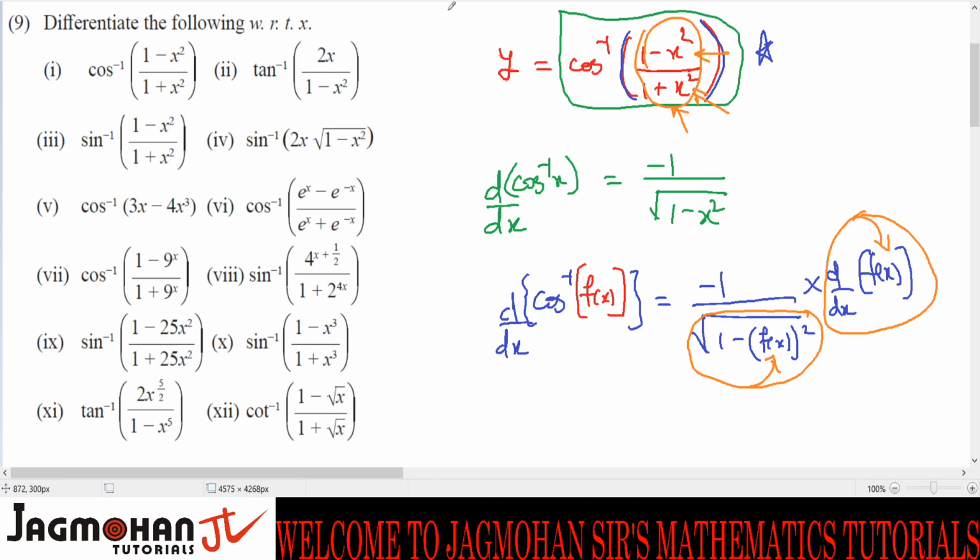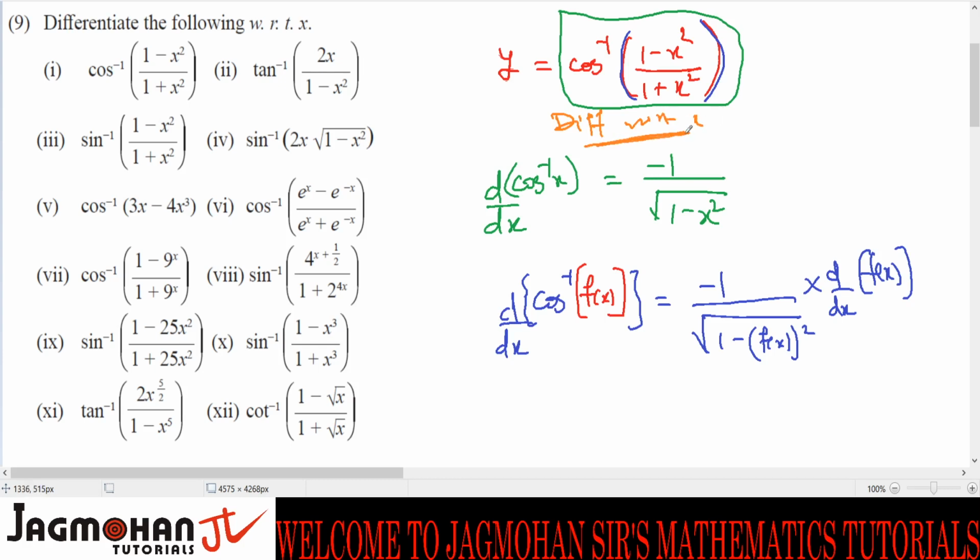So one thing is for sure, that when we have to differentiate cos inverse of (1 minus x square) upon (1 plus x square), we are definitely not going to differentiate this directly. We will never start differentiation immediately. We will not write differentiating with respect to x.